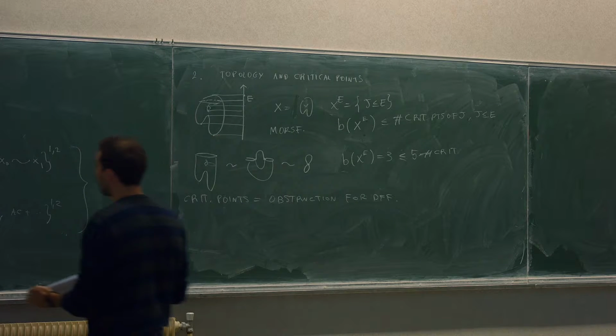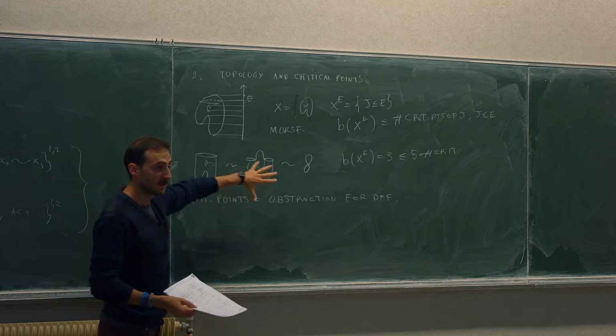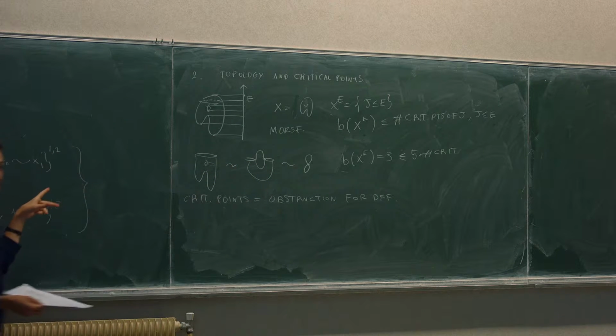In fact, just to mention, using this approach, one can prove these two classical theorems about the existence of one closed geodesic on a compact Riemannian manifold and infinitely many geodesics on a compact Riemannian manifold joining two points. And the proof is essentially based on forcing: if the manifold is compact, this space must have enough topology.